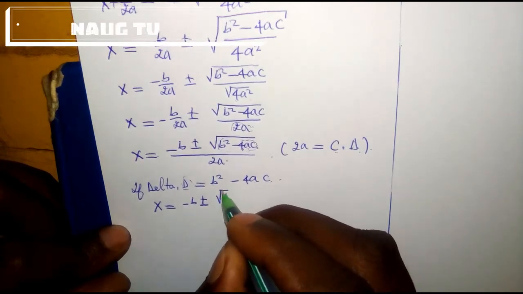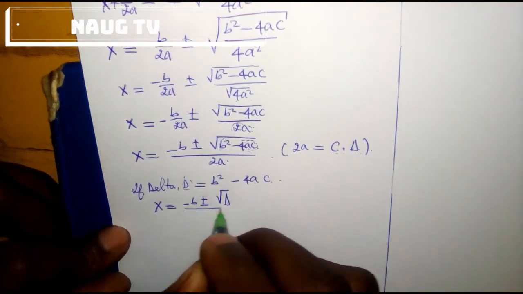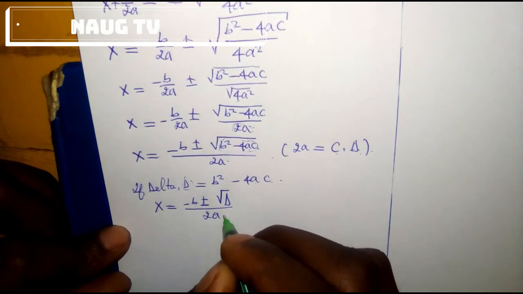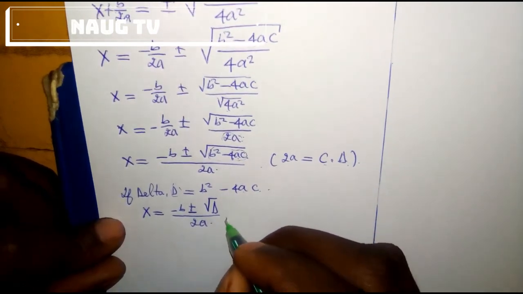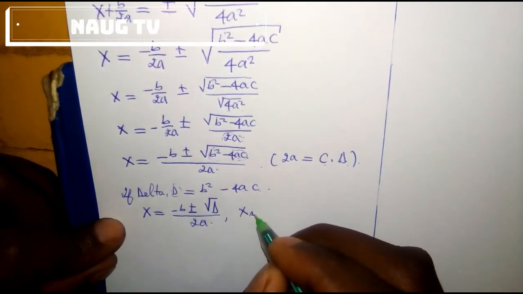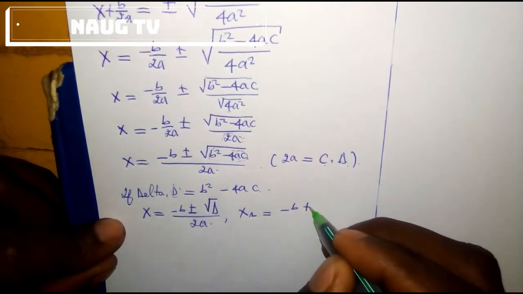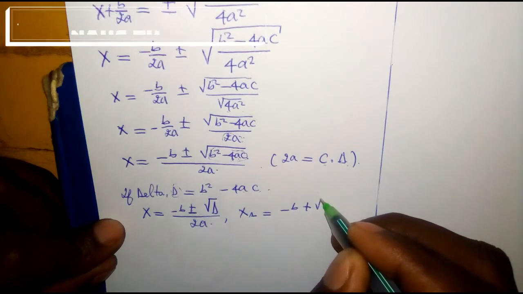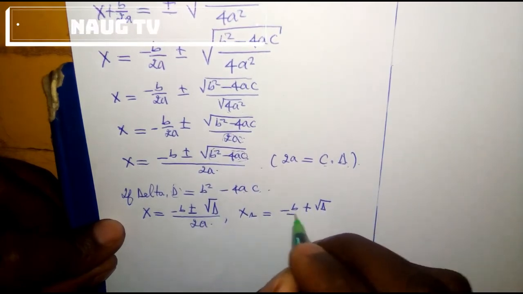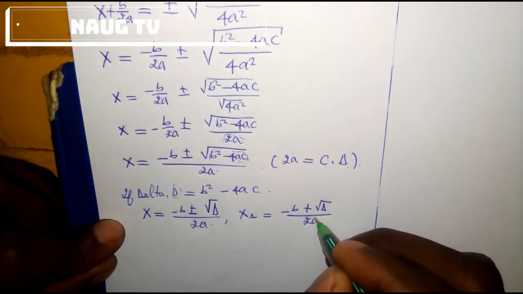So square root of d over 2a. And now x1 would be negative b plus square root of d over 2a.